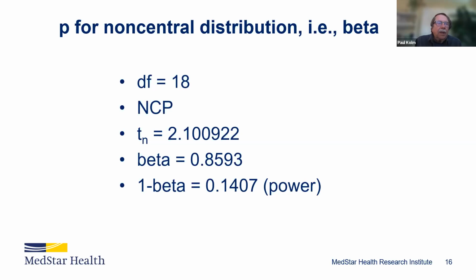And so our power is 1 minus that, which in this case is 0.14, or 14%. So this is pretty low power. How would we be able to increase power? Well, we increase it by increasing the sample size.